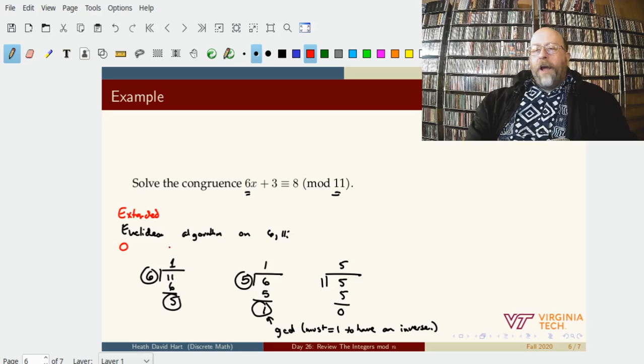We'll start out by placing a 0 out to the side and then a 1 over here. And what we'll do is subtract 0 minus this product, 1 times 1. So 0 minus 1 times 1 is negative 1.